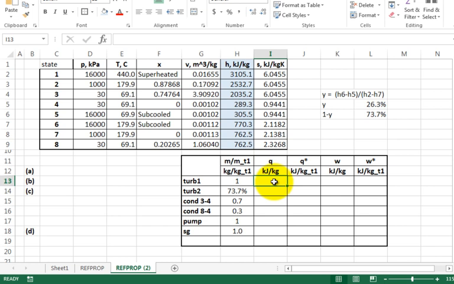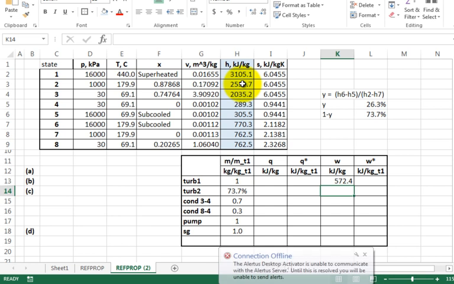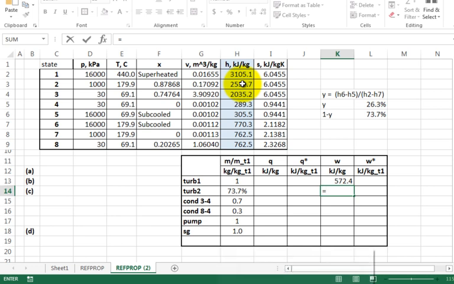For every kilogram going through the first turbine, what is the Q? Well, that's 0, 0. So let me skip it over due to the work, right? So for the first turbine, isn't that my H1 minus my H2? Sure. Hit return. 572.4 kilojoules per kilogram. And then I do it for the second turbine. I'm doing it not for the second column, just do it W without the W asterisk. It'll be H2 minus H3.